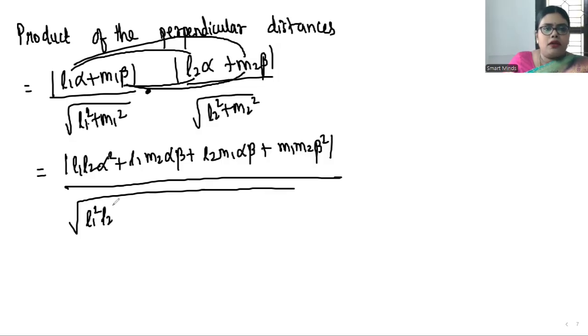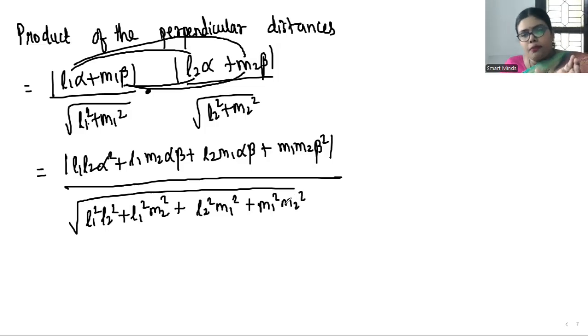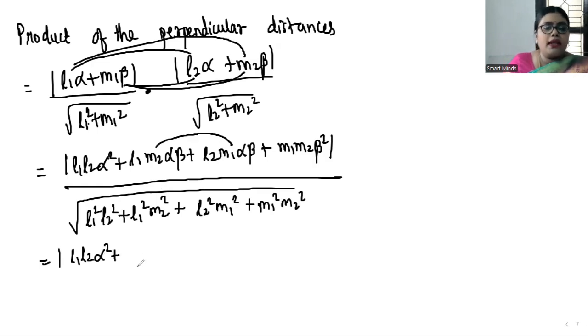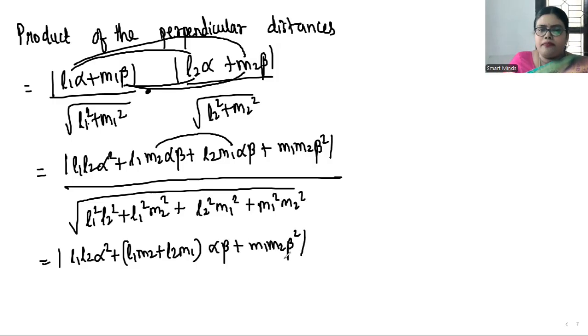So L1 square L2 square plus L1 square M2 square plus L2 square M1 square plus M1 square M2 square. See, the denominator part we will proceed the same as in the cos theta theorem. Now for the numerator part, you see L1 L2 alpha square plus, from these two terms we can take alpha beta common. So L1 M2 plus L2 M1 into alpha beta plus M1 M2 beta square by root over.